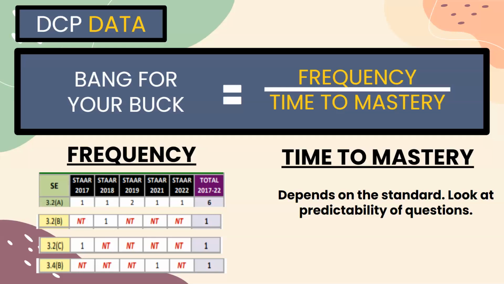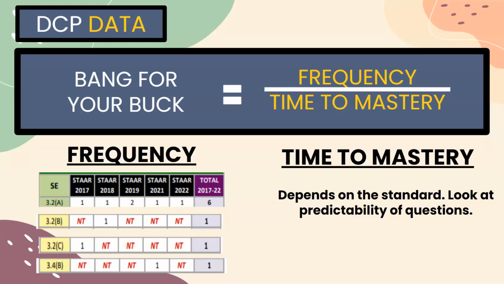Let's look at 3.2c. Again, it's only been tested one time. Now this TEK is represent a number on a number line as being between two consecutive multiples of 10, 100, 1,000, or 10,000, and use words in order to round whole numbers. Now I know as a former third grade teacher, rounding is a killer. It can be a hard TEK for some of our students to grasp.